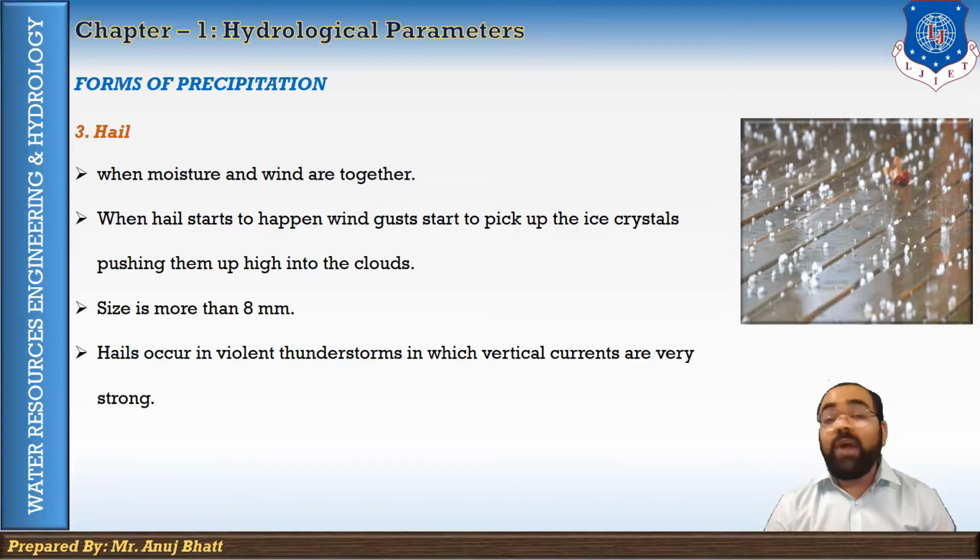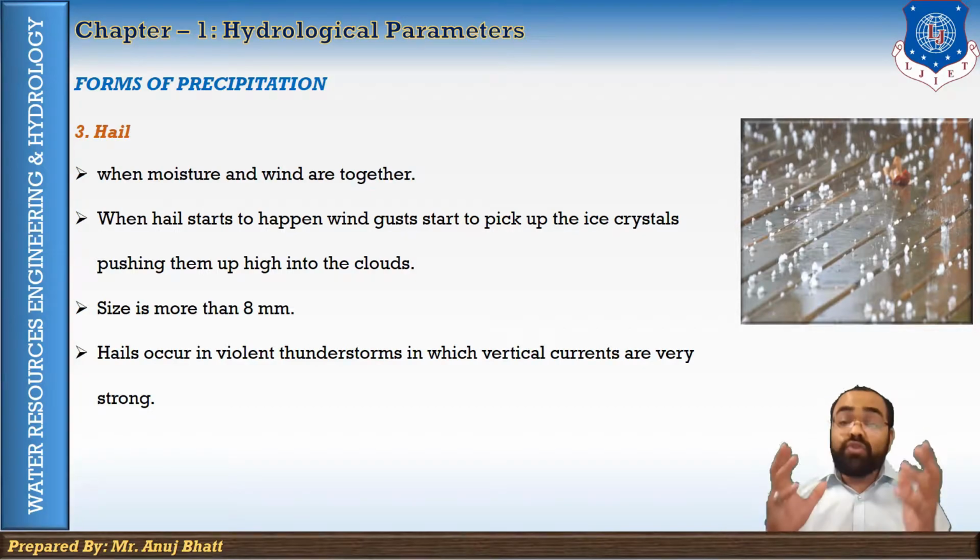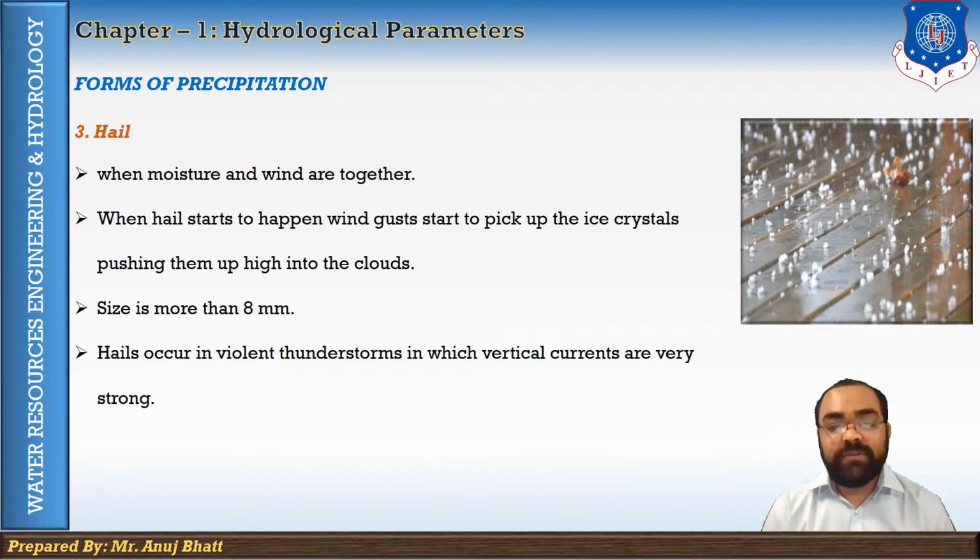As they start to fall again, they continue to grow in size, to more than 8 millimeter. A wind gust might catch the hailstone again and push it back up into the clouds. This process is repeated several times before the hailstone becomes so heavy that the wind cannot carry it, so it must fall towards the earth. Okay, these are the hail particles.